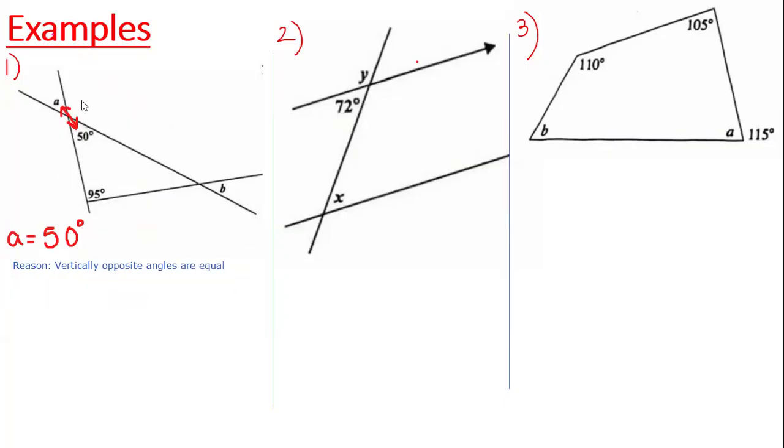Next, we have B. What do y'all have for B? Is it 50 plus 95 subtracted from 180? Yes, very good. So what we're going to do here is first add.